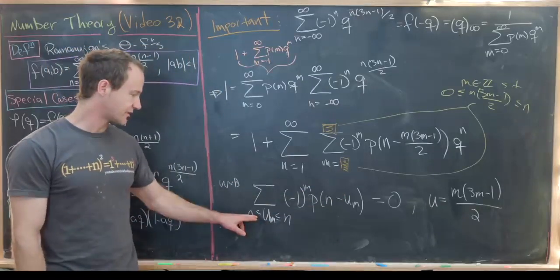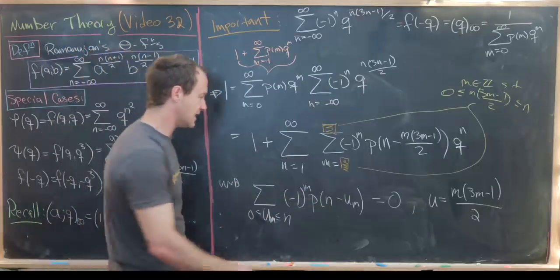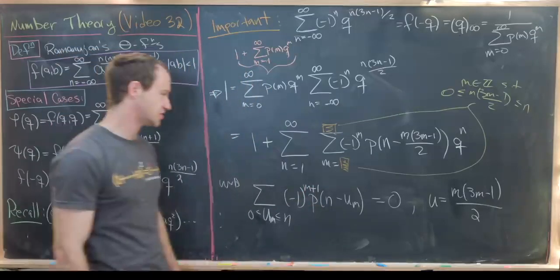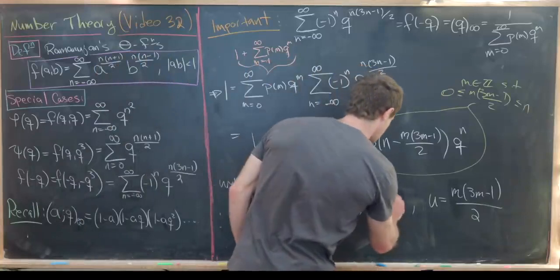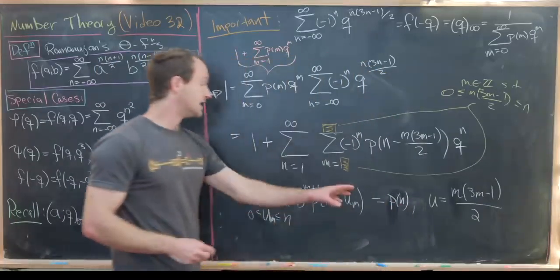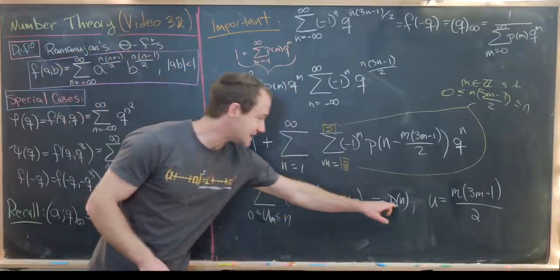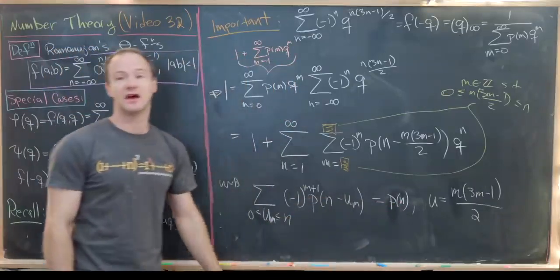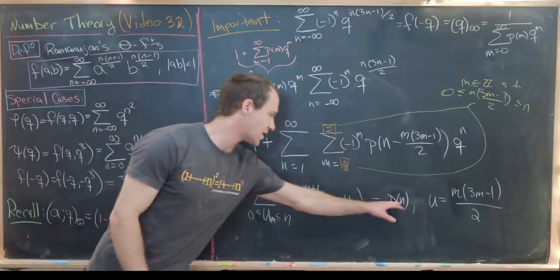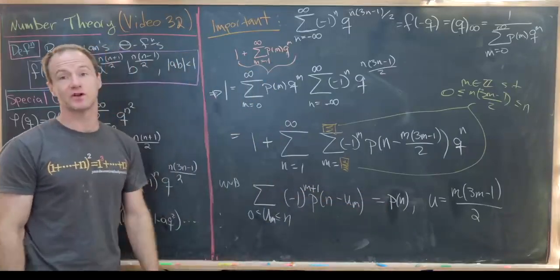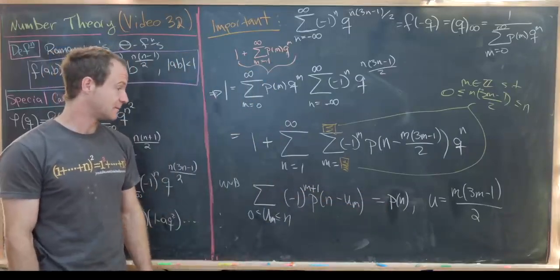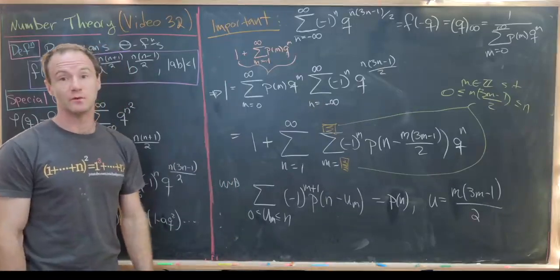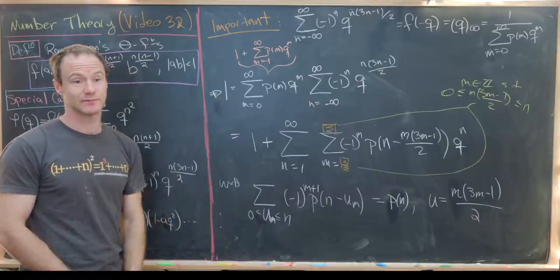So we can take the 0th term out and then change the sign, which is like moving it to the other side of the equation, giving us p of n here. Now notice what we've got. We've got a nice recursion for the number of partitions of n in terms of the number of partitions that are less than n. So let's summarize that at the top, and then we will give an example or two.